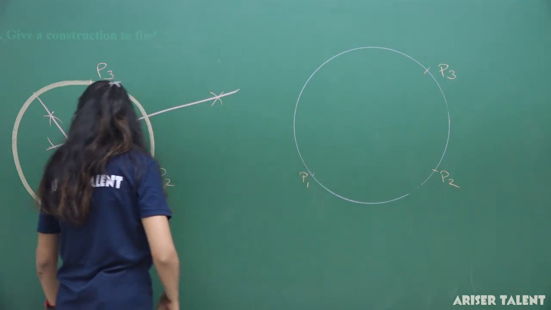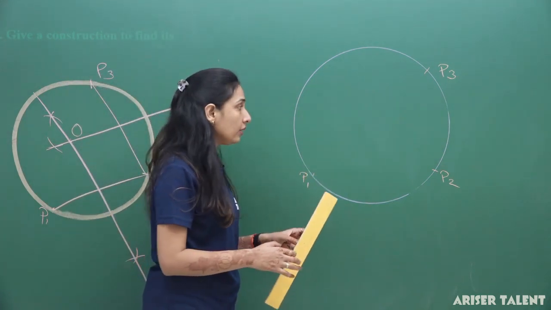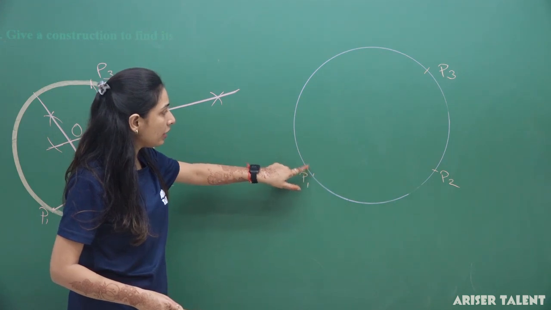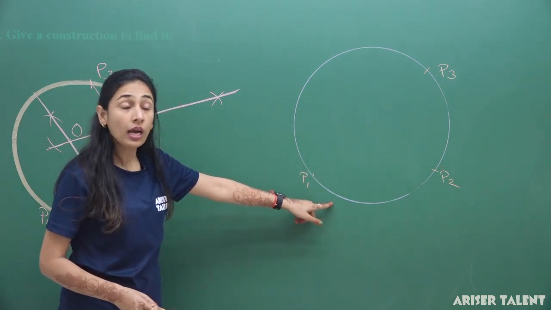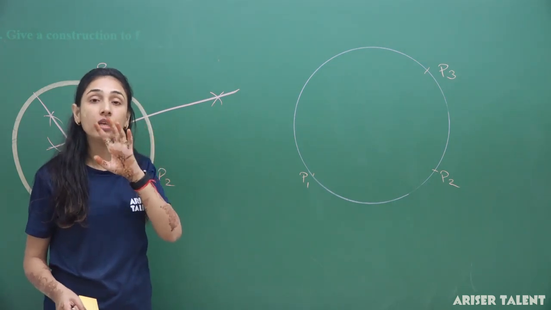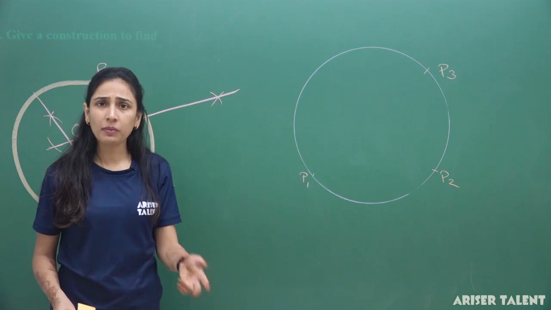Okay. Now I will have your scale with me. Any random 3 points, I am telling you, you can take. You can have P1 here, P2 here and P3 here also. The distance between the points, the location of the points doesn't matter. You have to have only 3 points and 2 chords out of them, and that's so easy.